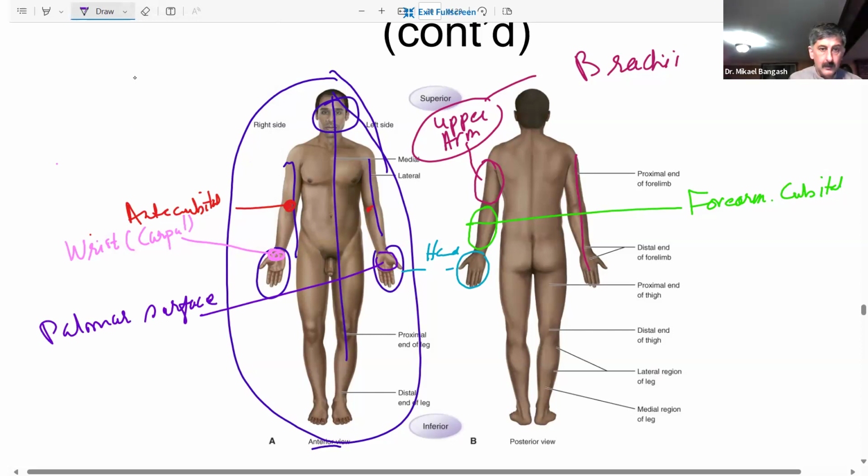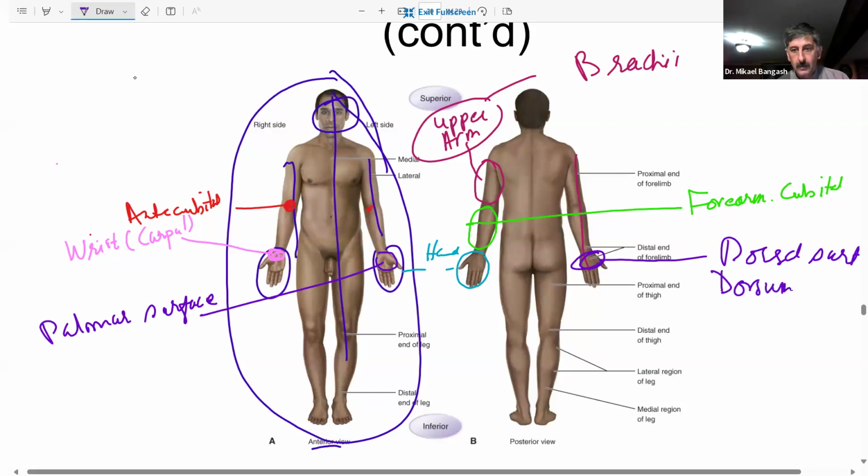Whereas if you look at the hand's back side, which is not the palm, that is called the dorsal surface, or we can even say the dorsum of the hand.